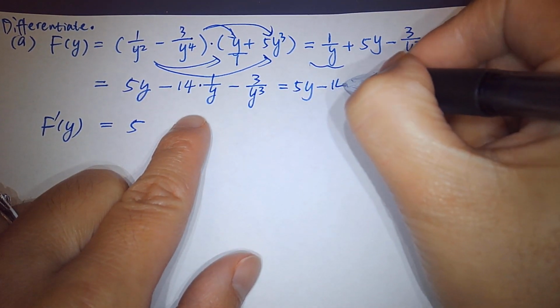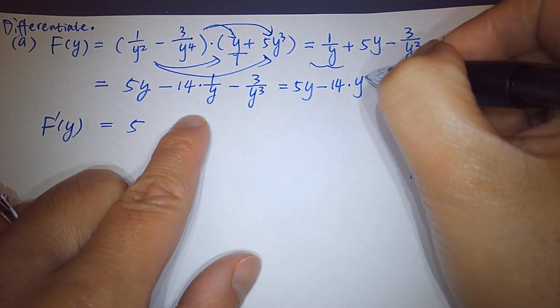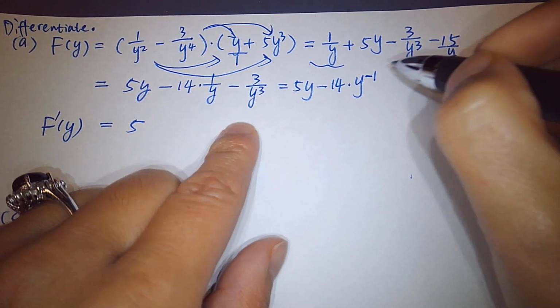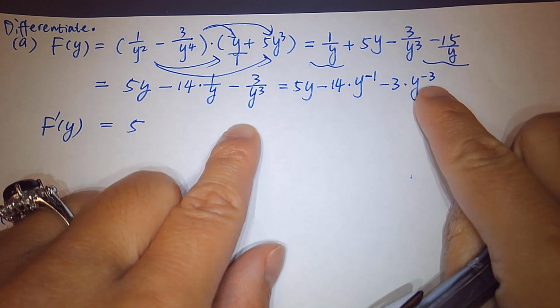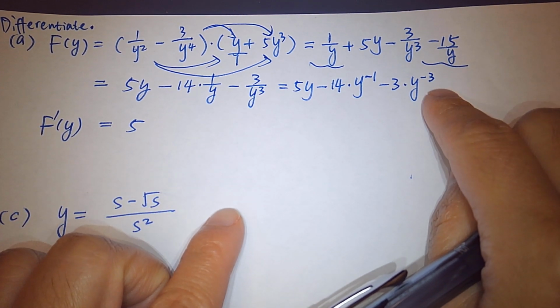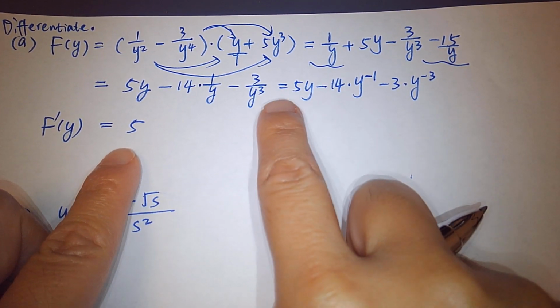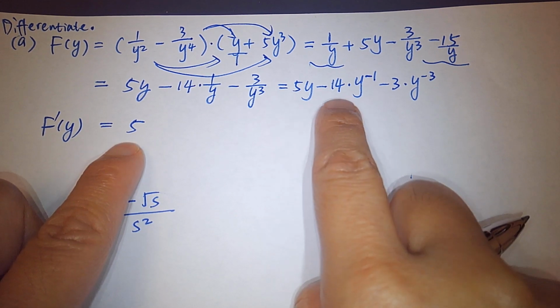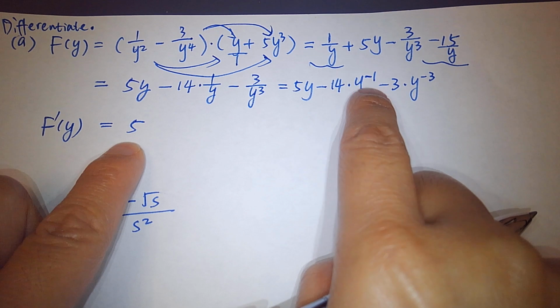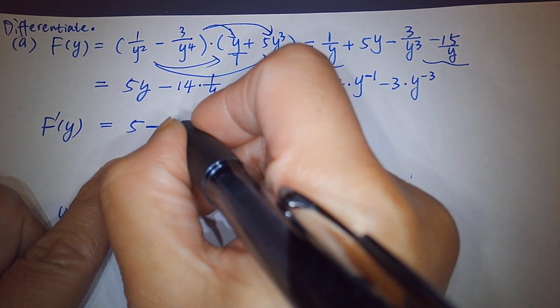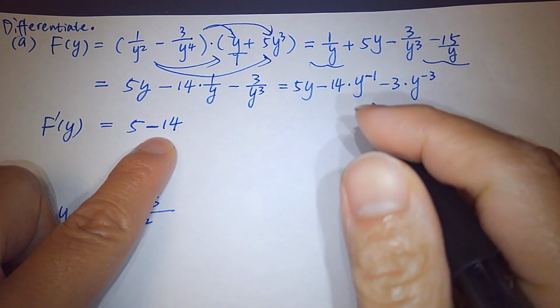So negative 14 times 1 over y equals y to the negative 1 power, right? Negative 3 times what? y to the what? Negative 3 power, right? Alright, so 5y's derivative is 5, and then the derivative of negative 14 times y to the negative 1: negative 14 is still negative 14. This is constant c. We still copy that.